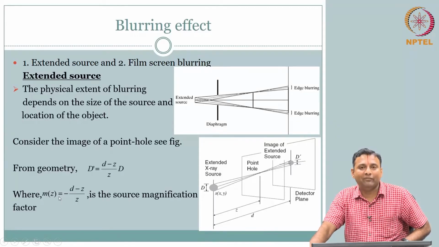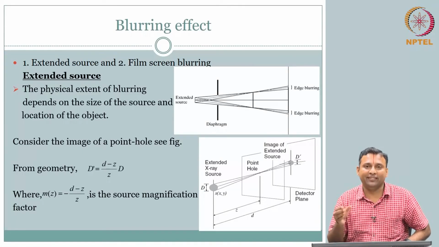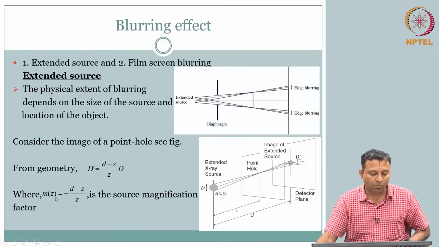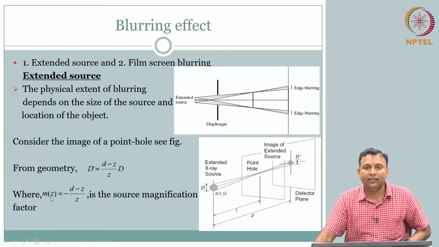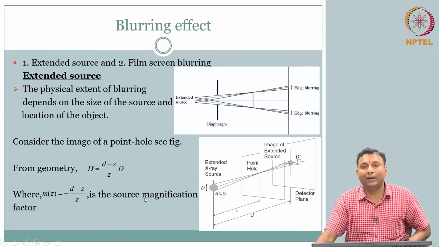Remember, when I said capital M of Z, what was that? Depth dependent magnification. I told you we will get confused, so we will use another M, but this is a small m of Z. This is also dependent on z, but this m of z is your source magnification factor.